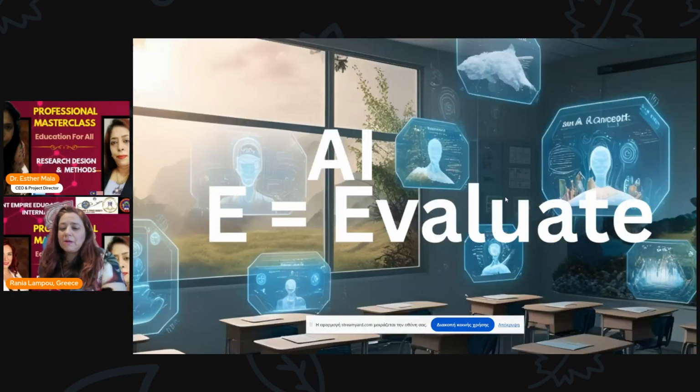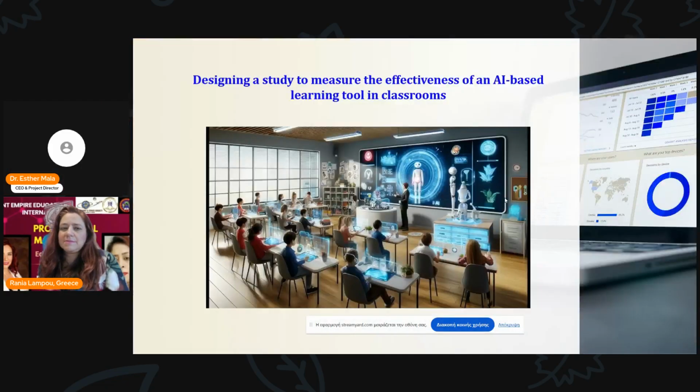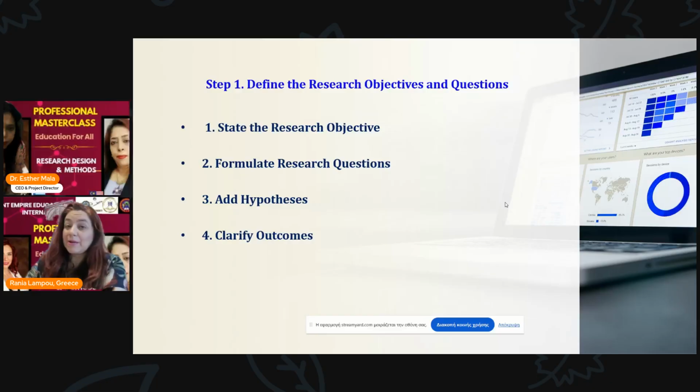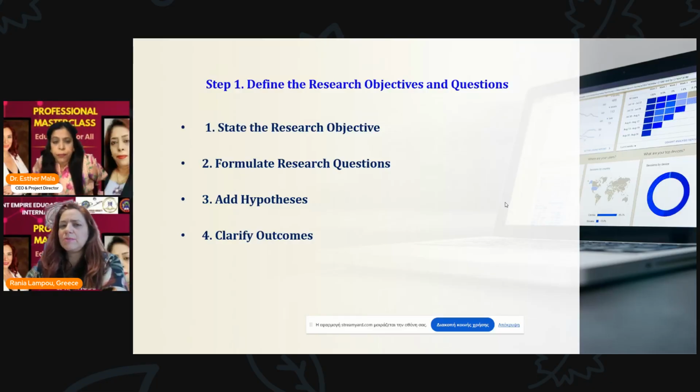Here is the structured approach that we're going to follow. The first step is to define the research objectives and questions. An example of the objective that we can formulate: to evaluate whether the AI-based learning tool improves student learning outcomes compared to traditional methods.